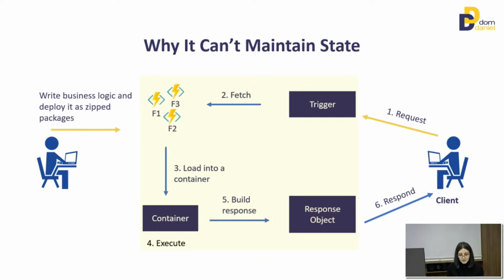Here the state isn't maintained. When the container executes and gives the response back to the client, it dies. So the next time the client makes a request, another container gets loaded and executed. So it doesn't maintain the state. If you want to maintain state, you need to have extra logic. Or, as I have mentioned, you can do it with Azure Durable Functions.